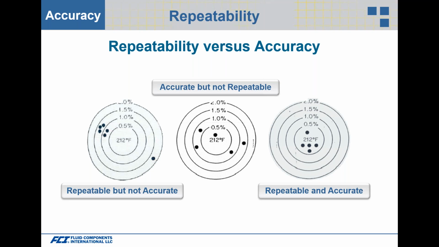Accurate but not repeatable is the center, whereby we see a scattering around the bullseye and in the bullseye. So it's accurate but not repeatable, meaning that the dots aren't lining up next to each other. And then if you look at the right-hand side, we have repeatable and accurate.